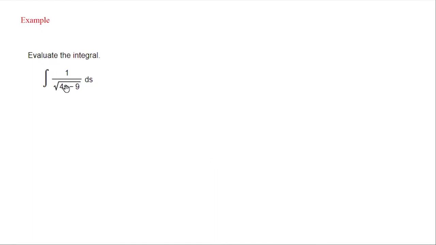For example, to find the integration of this problem, first try to substitute for the function you have been given, but make sure that whenever you do the substitution, the derivative of that substitution is available here. In this case, I'm going to substitute this inner function by u. So let's say u equals 4s minus 9.